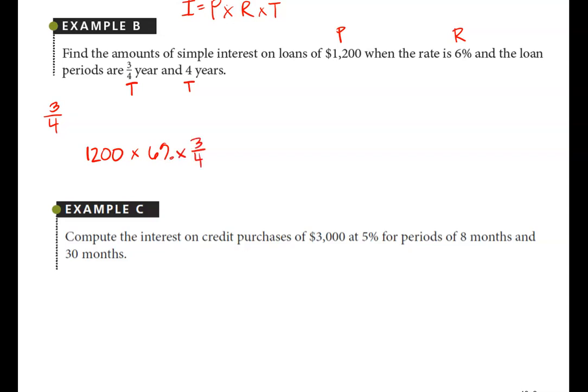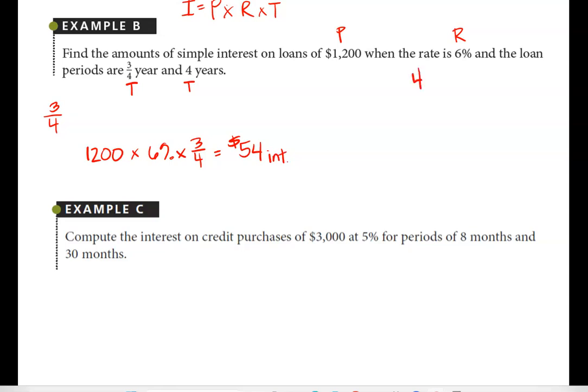Time is expressed either in whole years or fractions of a year, so times 3/4. And this is $54. So a $1,200 loan at a 6% interest rate for 3/4 of a year will accrue $54 in interest.